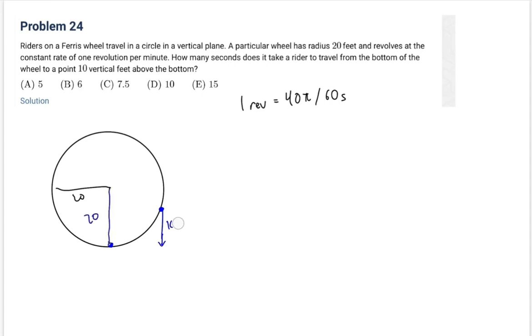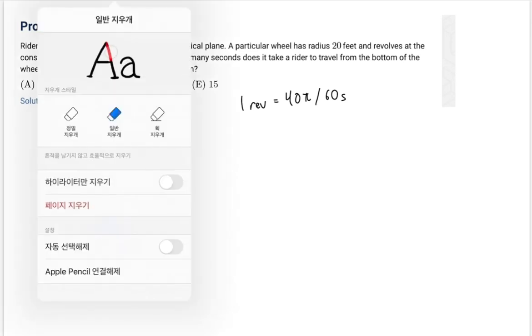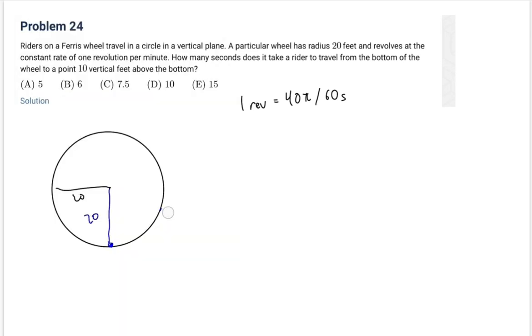Oh, so this would be a bit lower. So this would be about halfway, and then the radius would be here. This would be 10, and if you draw a line here, this would be a right triangle. This here would be 10, and this would be 20.